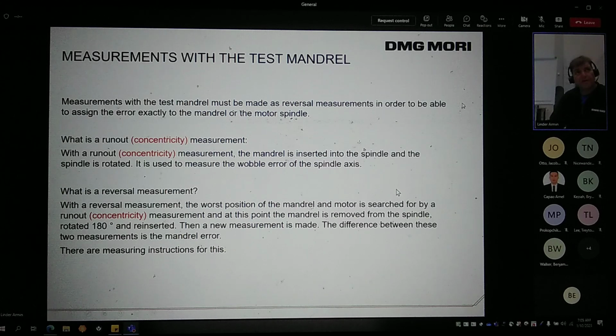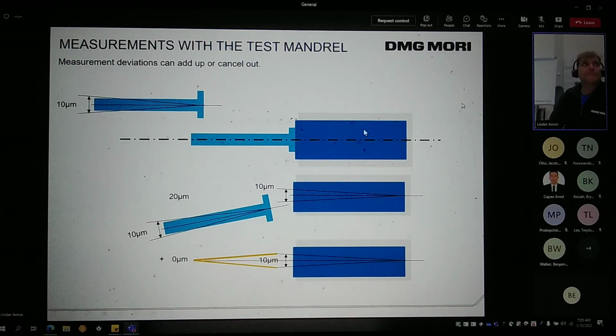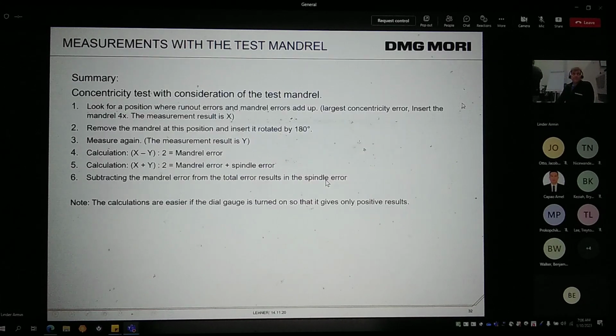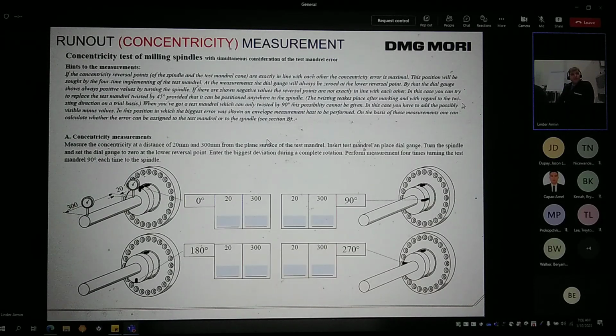And to find the run out correctly, we use the mandrel in each position. So in that case, first we see it to measure out the right angle, but to measure out the run out from the spindle, we have two different measurements to do. So the best thing is I show you at that page.